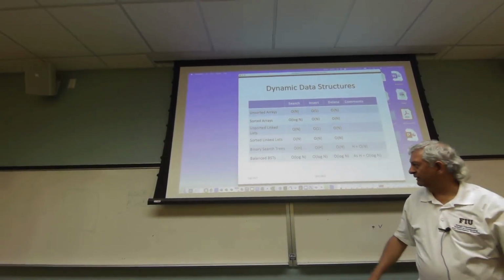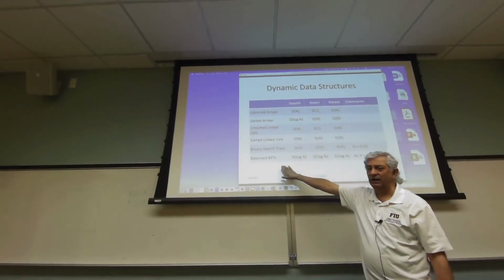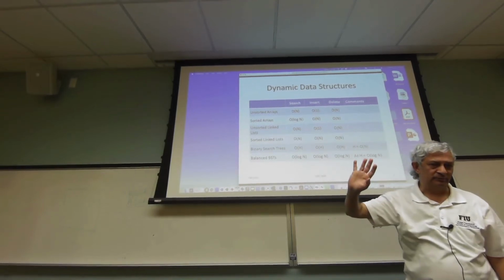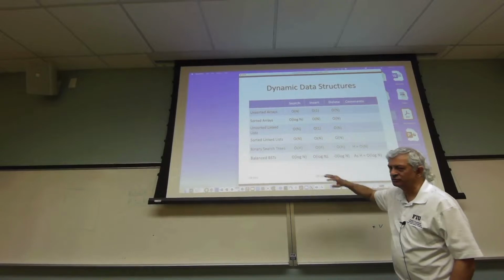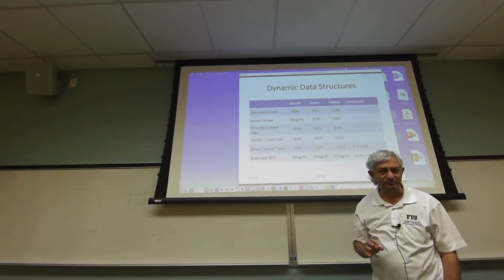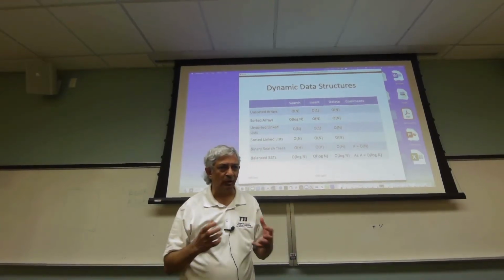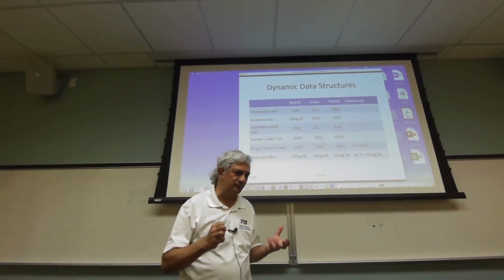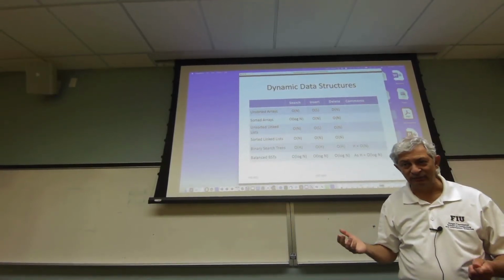Okay. In fact, this is some kind of a lower bound, and so in some sense, the balanced binary search trees are optimal. And you can prove that you may be able to speed up one of them, but then you will end up paying for the other. So it's always a trade-off. If you try and squeeze a little more time in one, you'll end up paying for something else.